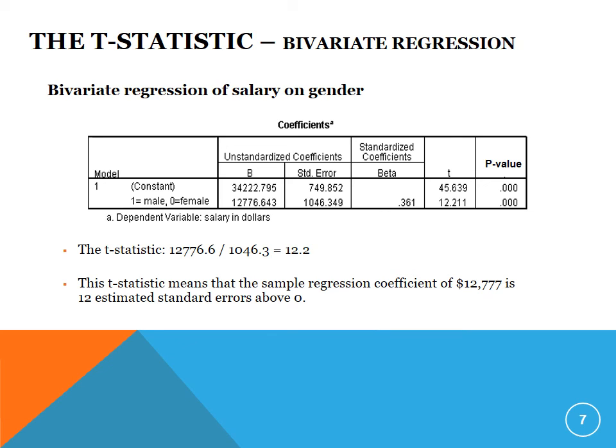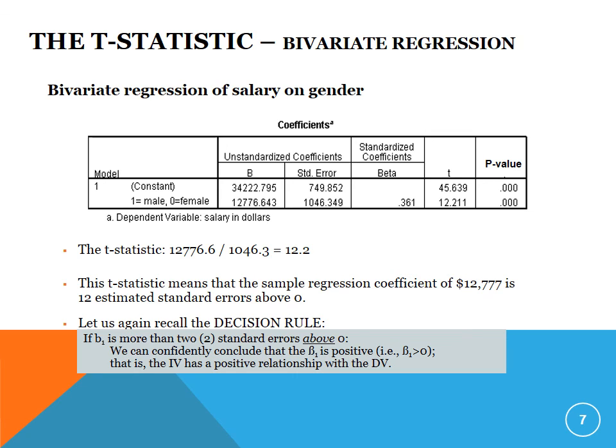So that 12.2, what is it telling us? It's telling us the same thing as it told us before with the 23, right? In this case, it's telling us that the sample regression coefficient of $12,777 is 12 estimated standard errors above 0. So again, we go to our decision rule, and we know how to conclude here.